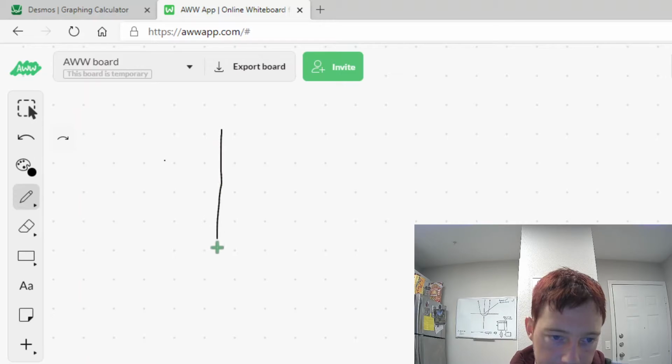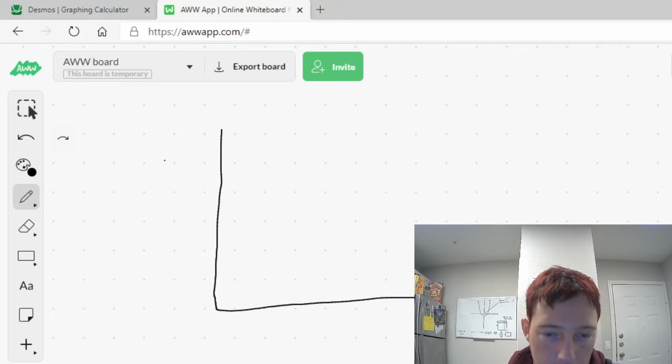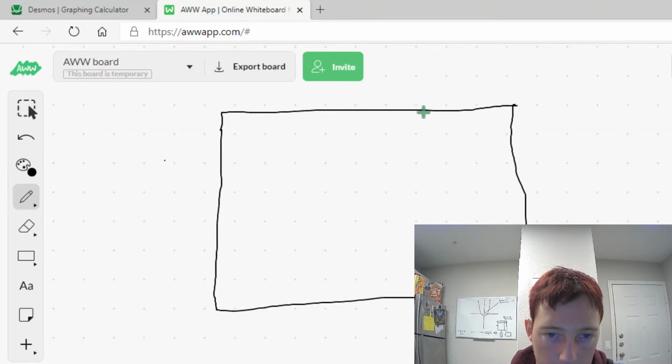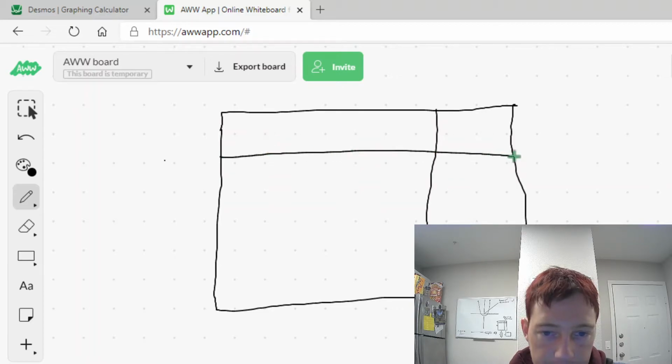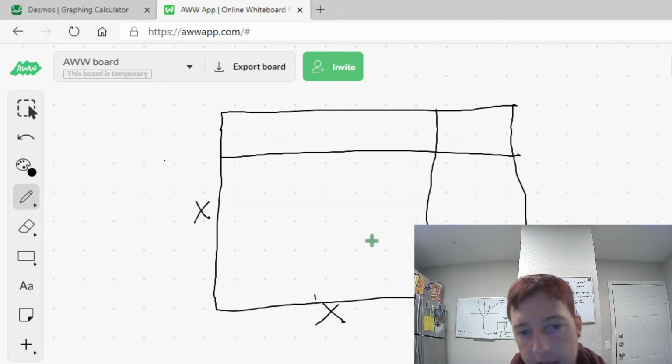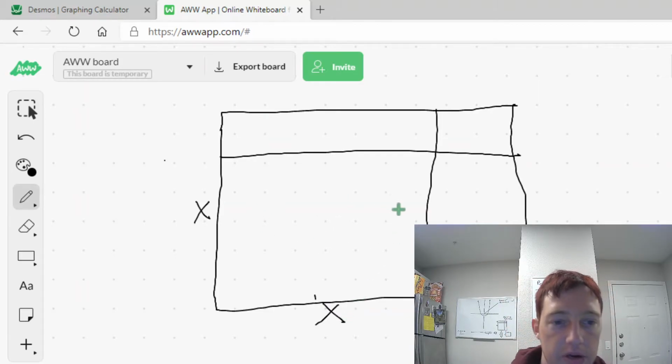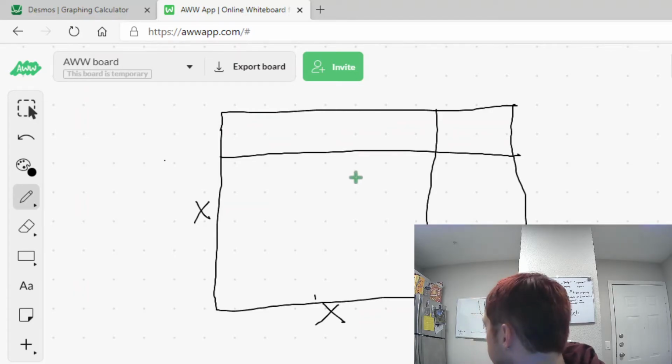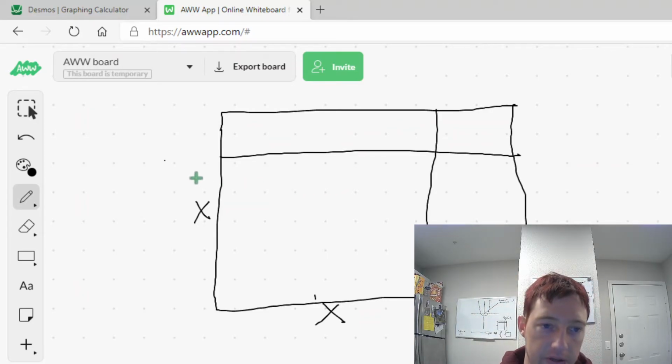Hold on. So here, let's cut it up this way. And this roughly cube shape, we're gonna give this some dimensions. X by X. Just pretend with me here that this is a cube. This is hard to draw with. So pretend with me here that that is a cube.